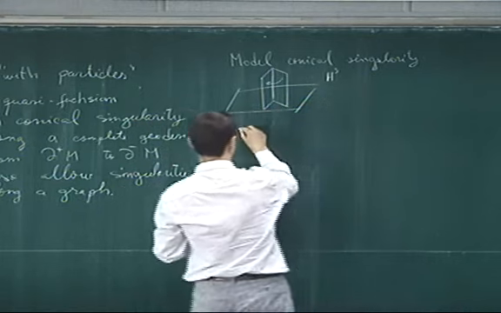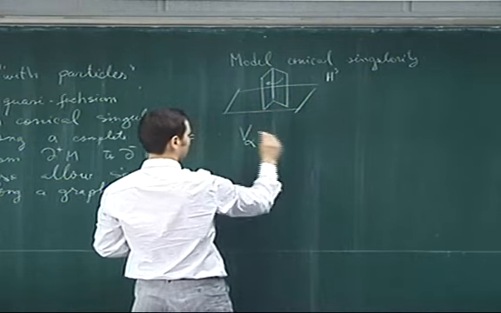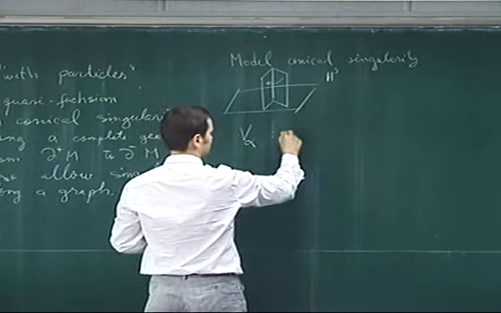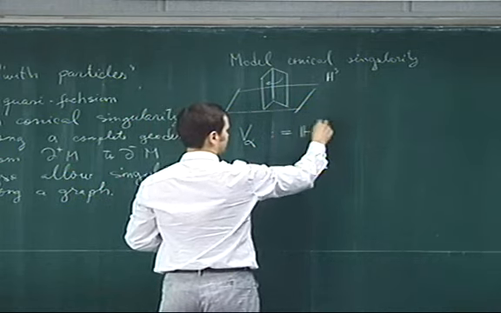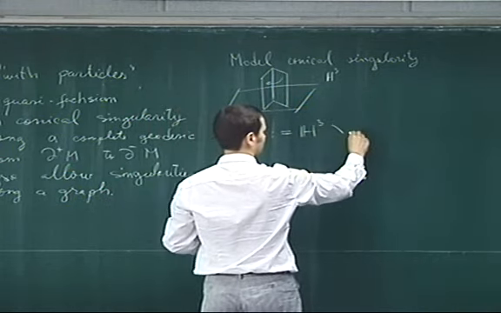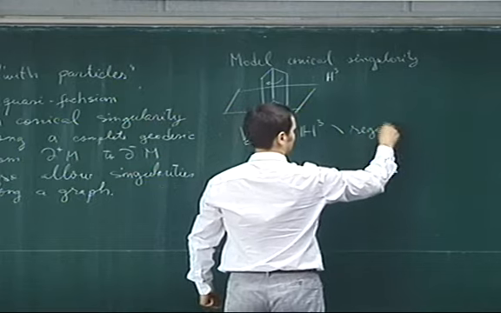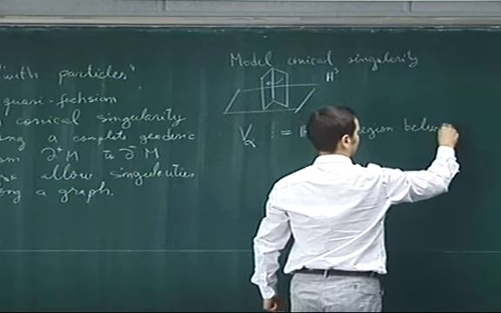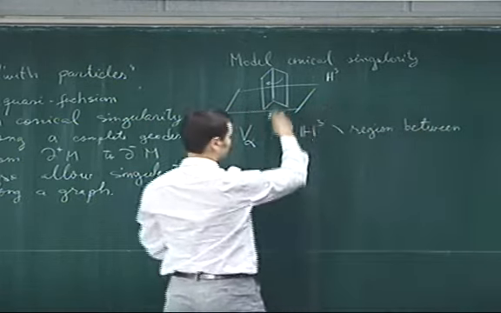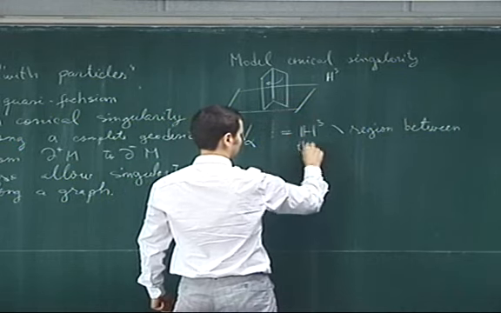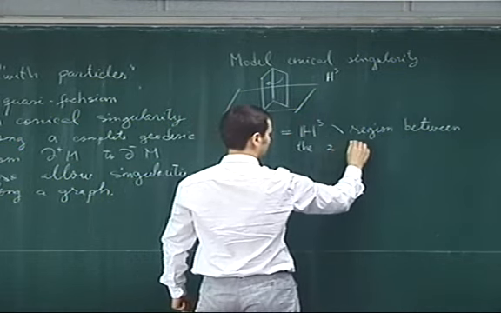So V alpha is by definition H3 minus the region between the two half planes.